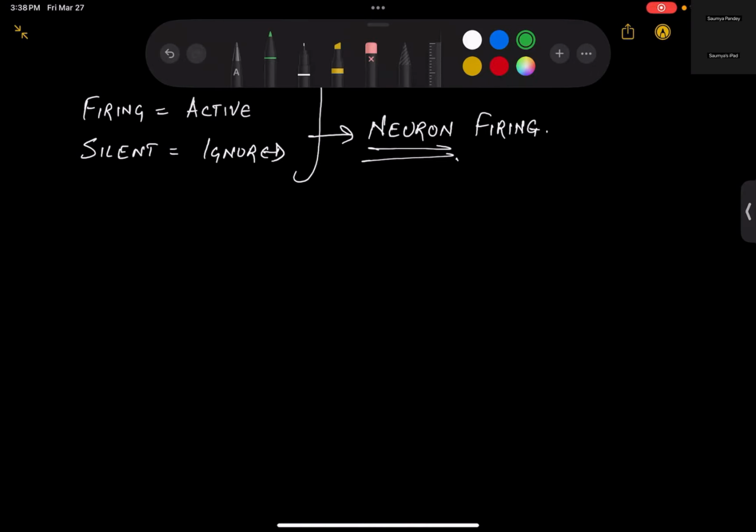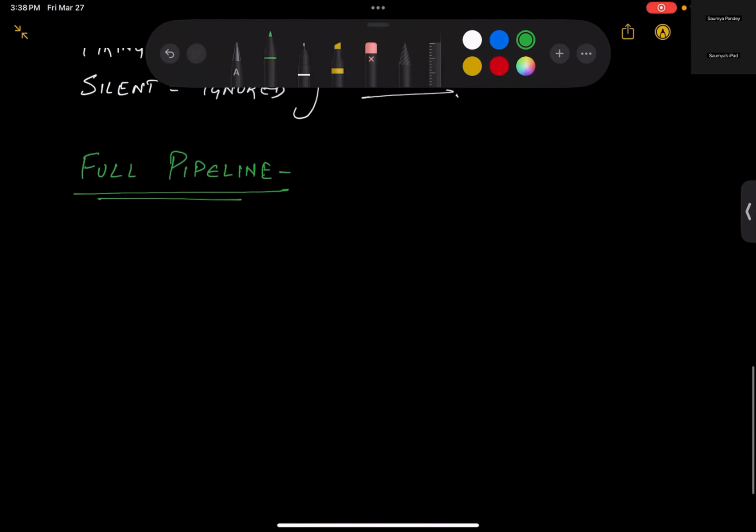So if we try to visualize the full pipeline, we have input, then we had weight, then we had signal.